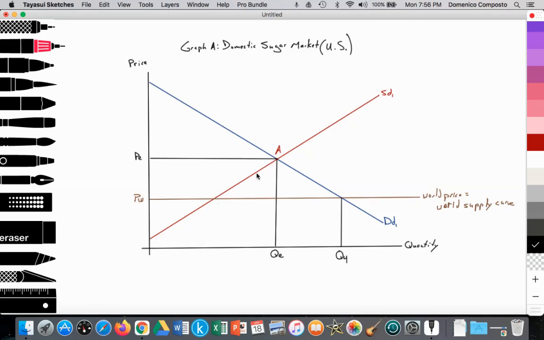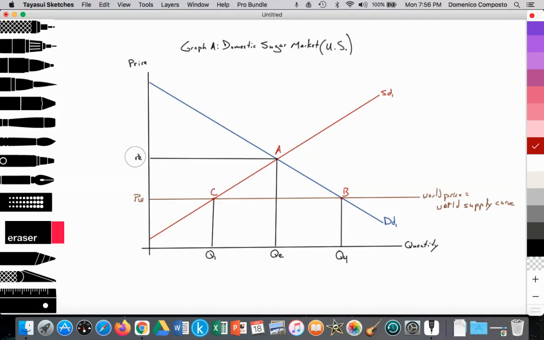And we see the quantity supplied by domestic sugar producers decreases to Q1. We'll say that this is point B, and this is point C.